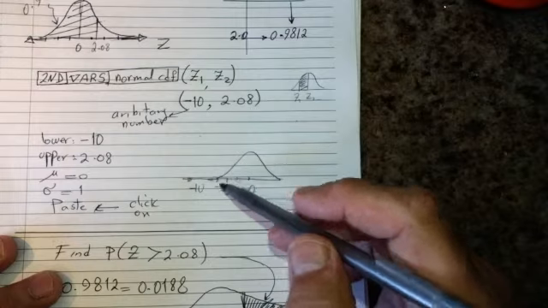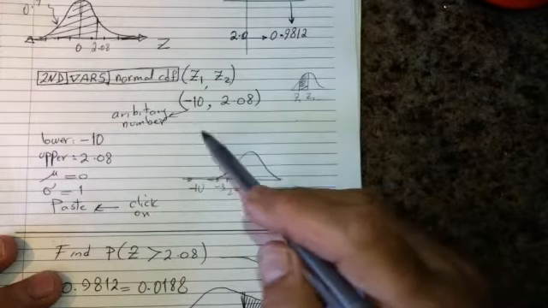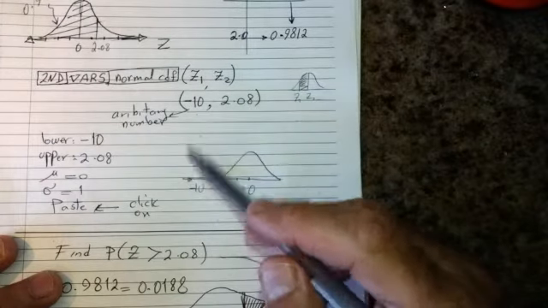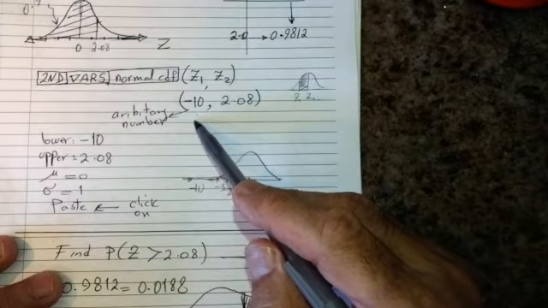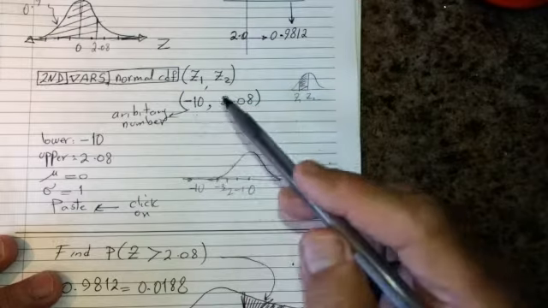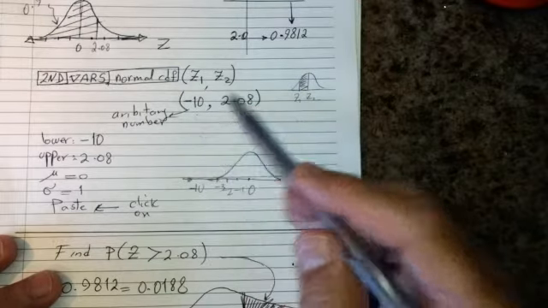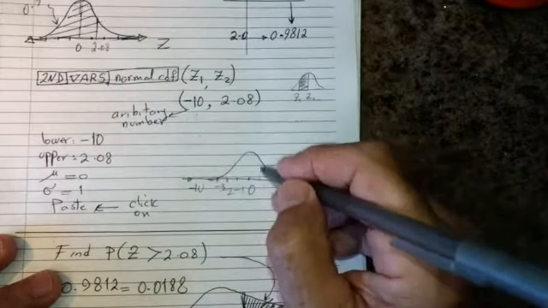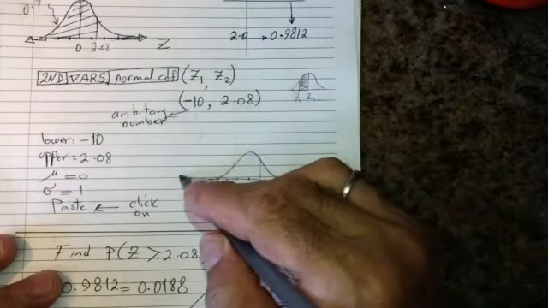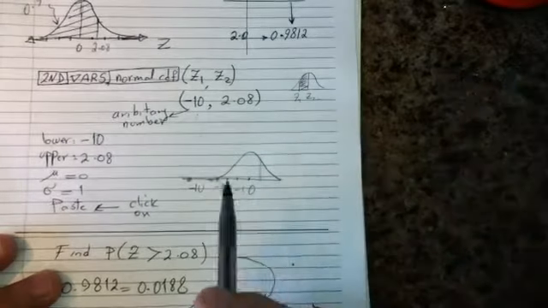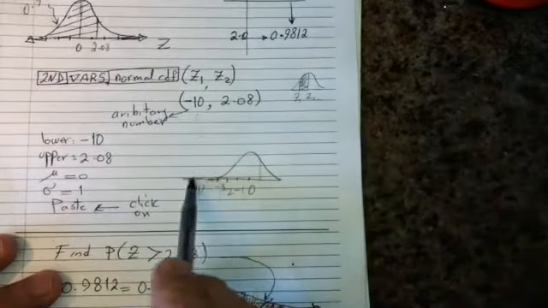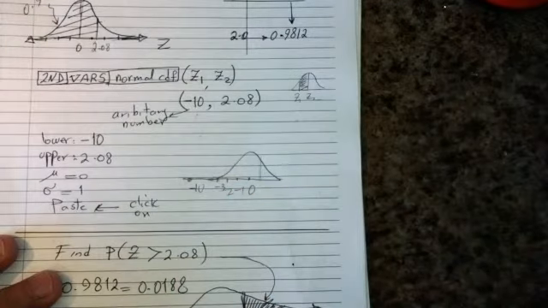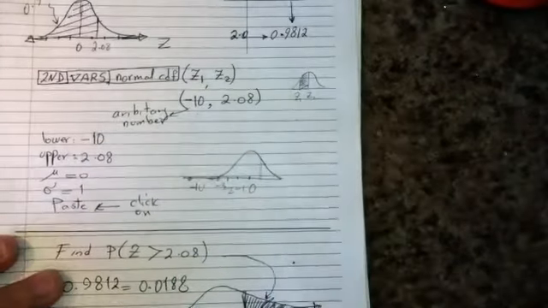So what you could do, you could take an arbitrary number, like -5, -6, -10, and put that here. So the calculator understands that it needs to calculate the area from 2.08 all the way to -10, because you see there is no area left here. And that's how to do it.